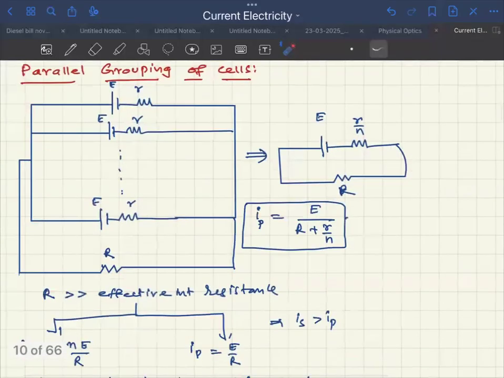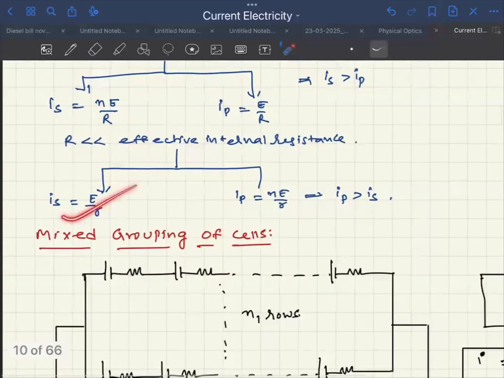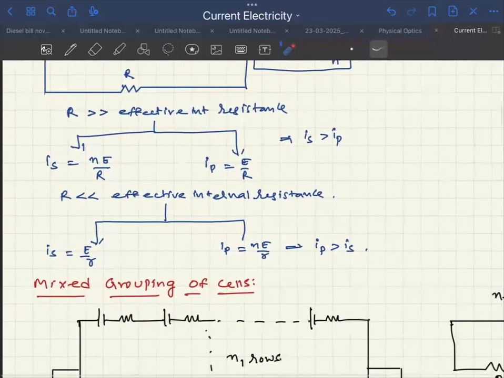Then the equivalent current is E by R in case of series, and nE by R in case of parallel. Now, which is dominating? Parallel combination current is high. So, why do we take grouping of cells? Very simple. If the effective load resistance is very high when compared to internal resistance, then for more current, prefer series.